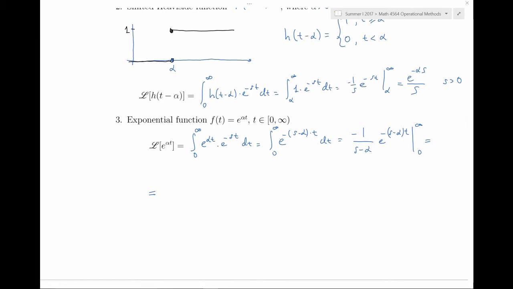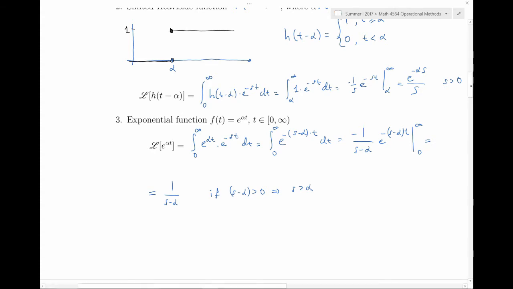So I'm just going to say that at infinity, exponential function will converge to 0, and at 0, I have e to the 0 is just 1, so the overall Laplace transform is 1 over s minus alpha. And again, this will only work if s minus alpha is positive, which means that s is greater than alpha. So this Laplace transform only exists for s greater than alpha.